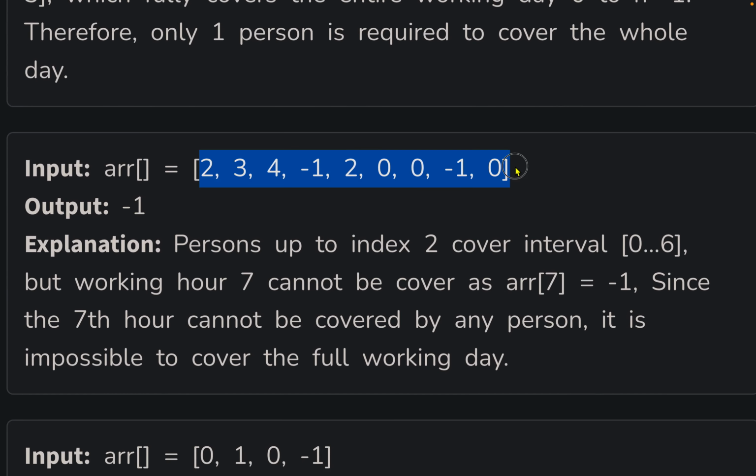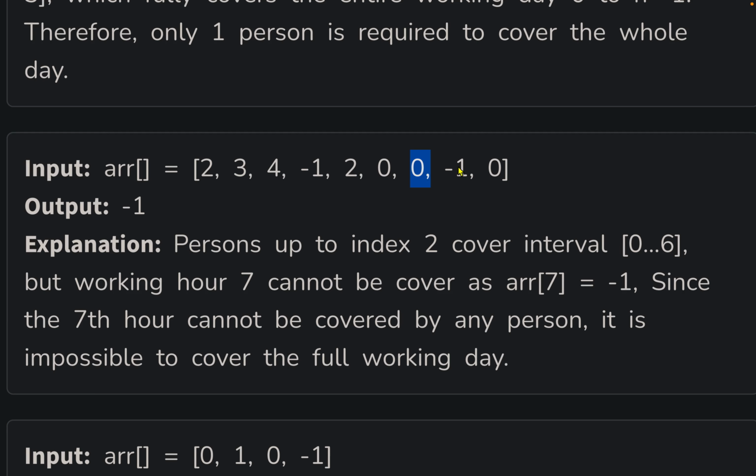Here, no matter how hard you try, it cannot go beyond this point. So it's -1. Ultimately, if you take 4, you can take 4 jumps over there, 1, 2, 3, 4, and you can reach at most this point. If you take 2, you still reach this point.